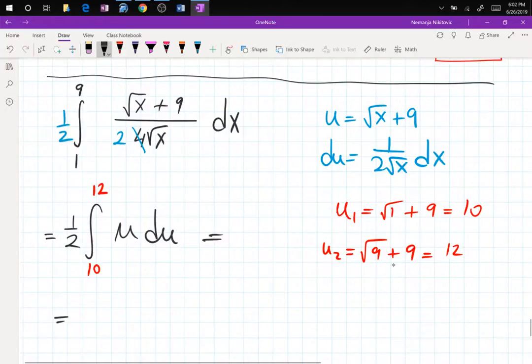So now when we integrate, we get u squared over 2 from 10 to 12.